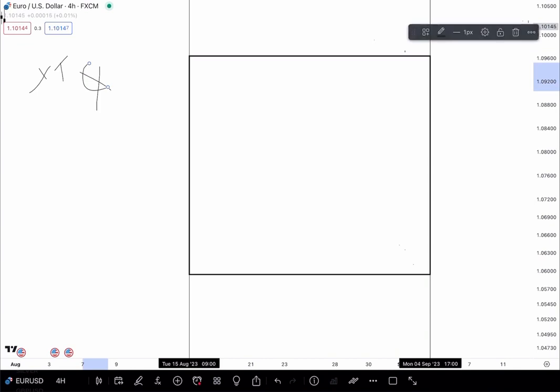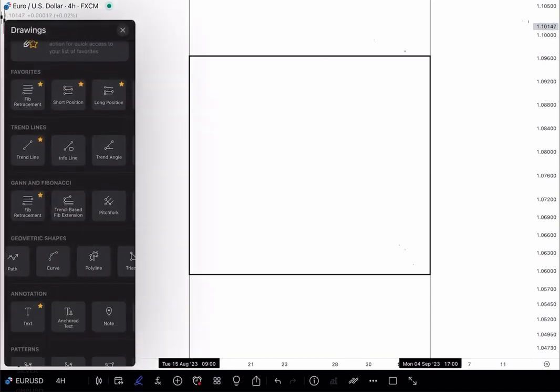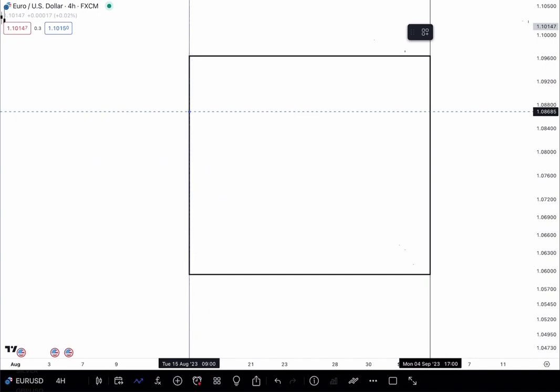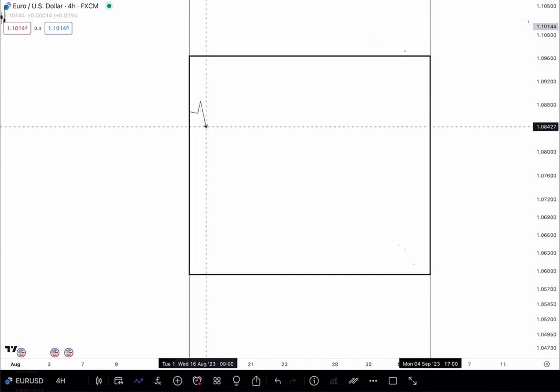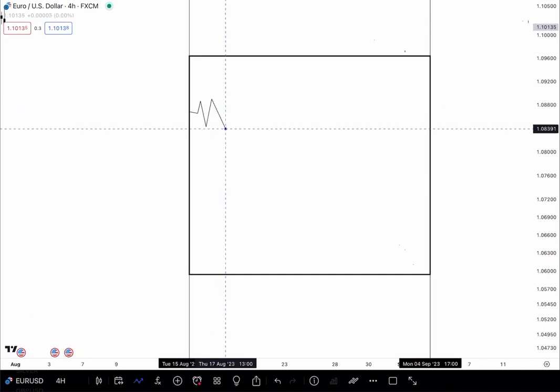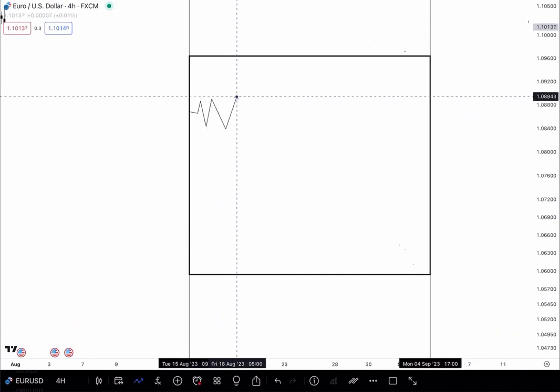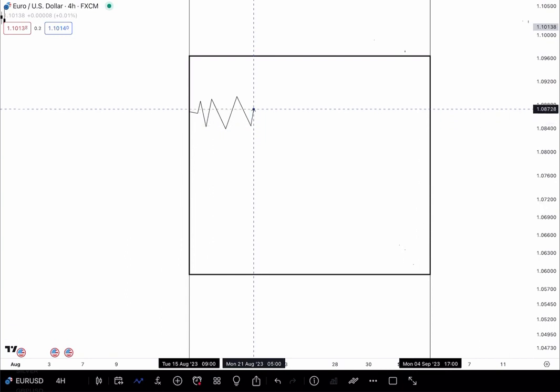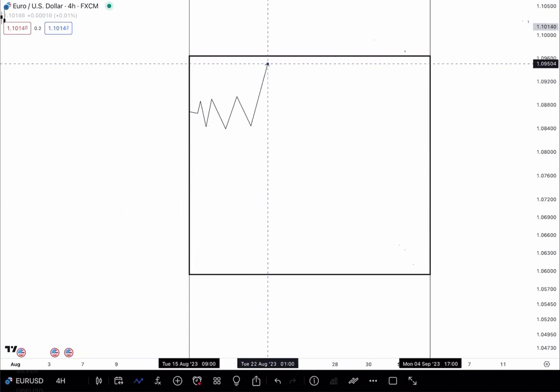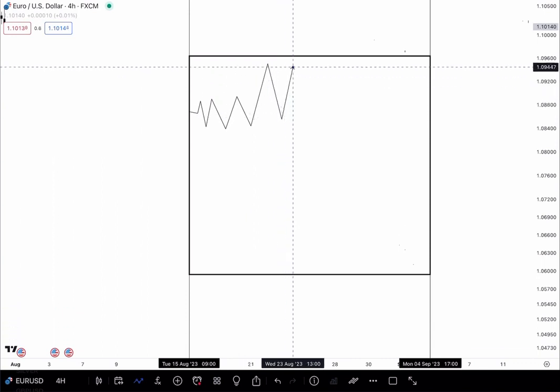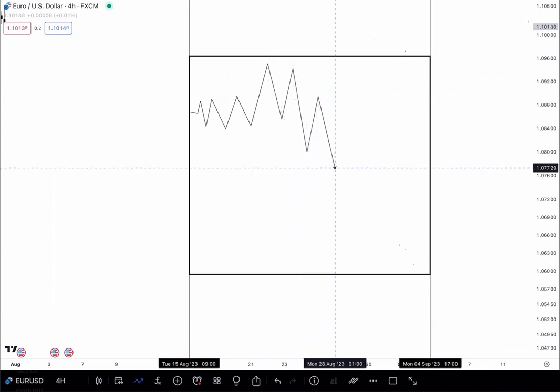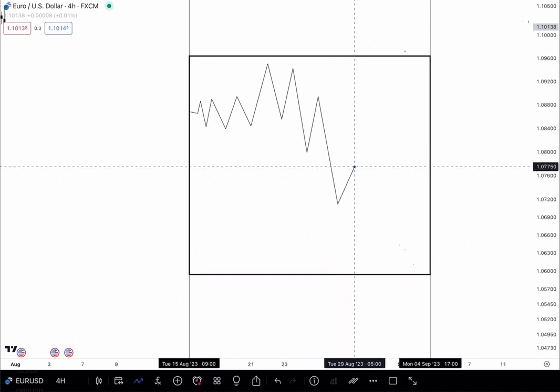Now, to put it really, really extremely raw and just the bare bones idea: open, accumulation, a little bit, manipulation, and distribution.